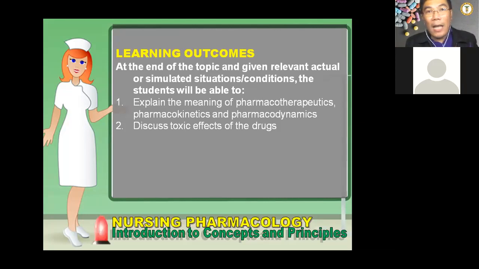Because, class, drugs are usually computed based on the weight of the client. All of us have different weights. It is very unusual that we have the same weight. That's why taking the weight of the client is very relevant when it comes to computation of drugs.